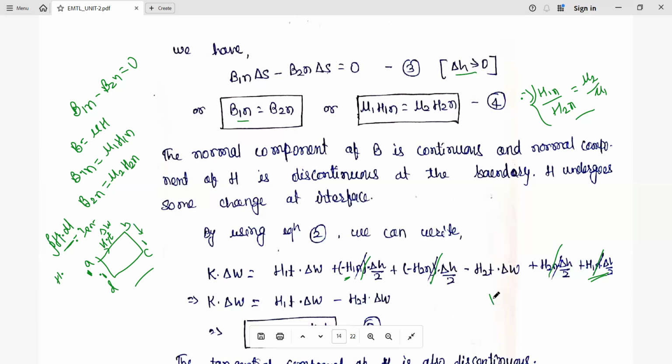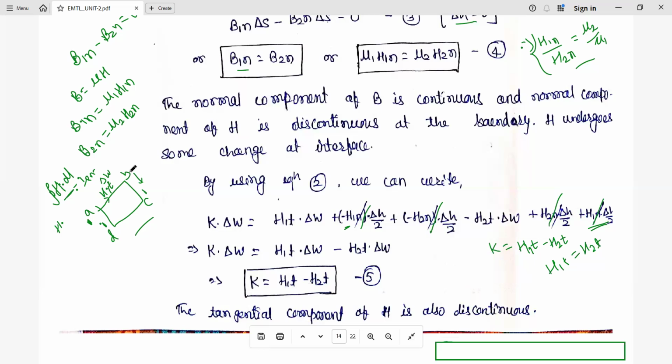So finally what we are going to get here is K equal to H1T minus H2T. Okay. Now if K is 0, then in that case we'll get H1T equal to H2T. So it will show that the tangential component of the field intensity is continuous at the boundary.